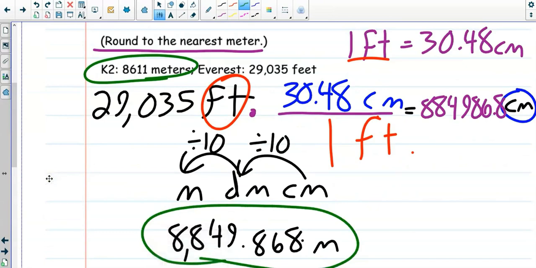Who's bigger? Everest. And then it wants to know by how much. So you need to take the larger number minus the smaller number and make sure that you round to the nearest meter.